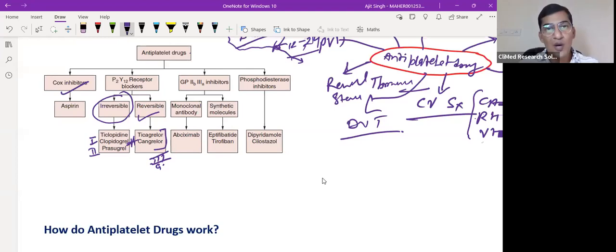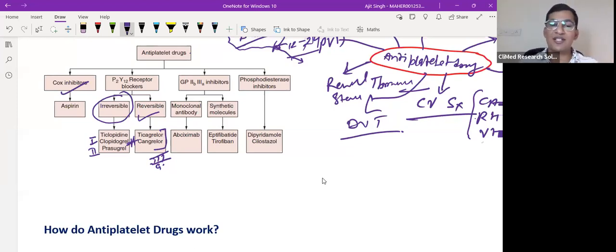That is why the bleeding is caused more in the case of clopidogrel and prasugrel than ticagrelor. Clopidogrel and prasugrel have a higher bleeding profile than ticagrelor, just because of the irreversible binding with the platelets.